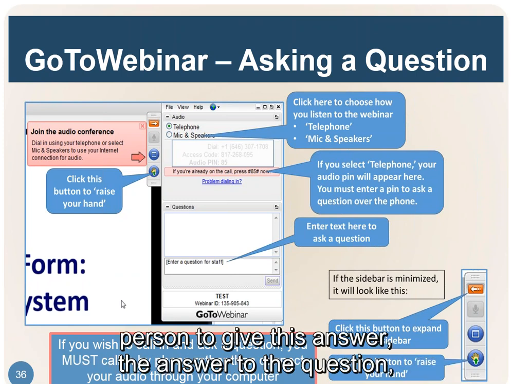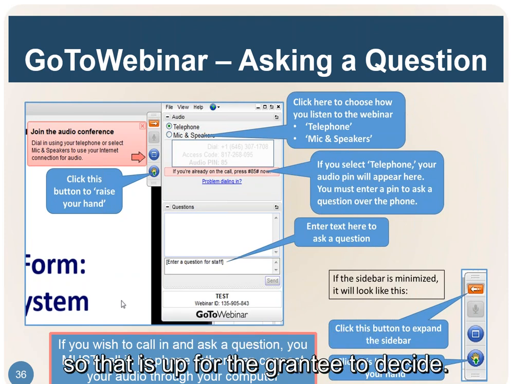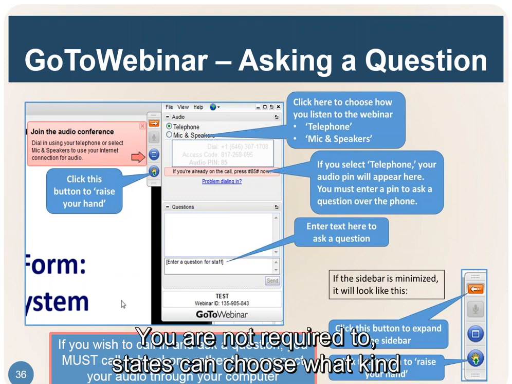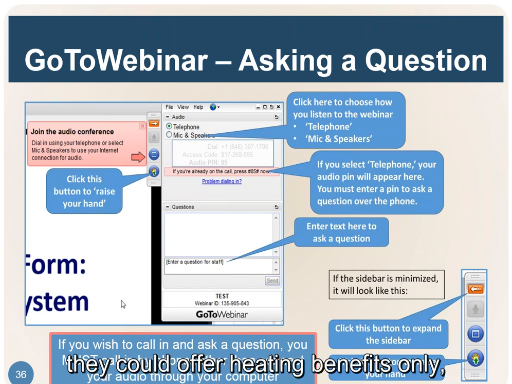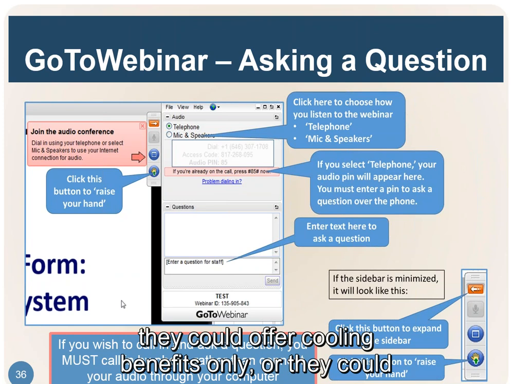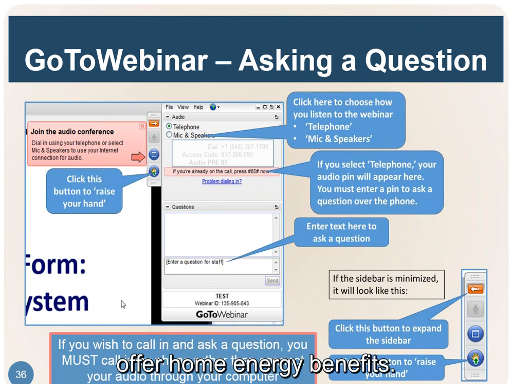The answer to the question is that it is up for the grantee to decide. You are not required to. States can choose what kind of benefits they want to offer. They could offer heating benefits only, they could offer cooling benefits only, or they could offer home energy benefits.